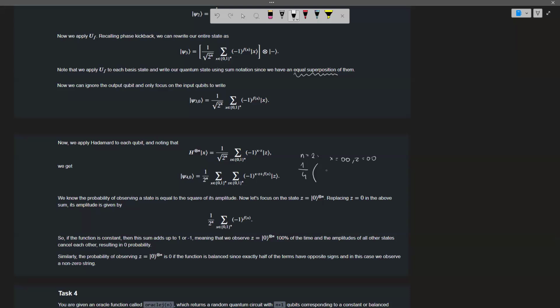This will be plus. But notice that we're adding f of x. So here, well, I don't know what the f of x is, but let's say it's a constant function of 1. And so we would get minus 1 to the power of 1, so it's 1, and z, which is 0, 0.